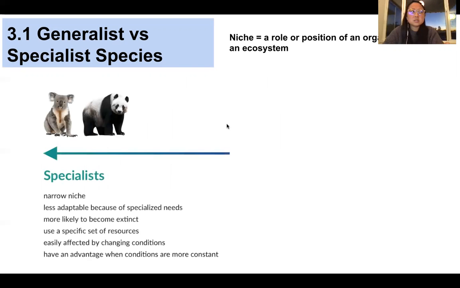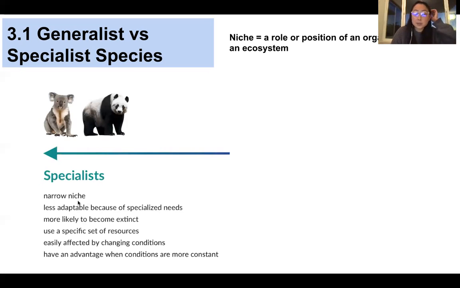A lot of species can be broken up into generalists and specialists. And what you need to know for the AP test is that specialists have a very narrow niche. I think I covered this in the last section, but a specialist is like a koala bear, where they can only really eat like bamboo leaves or something. They can only sleep in certain trees, and same with pandas, right?